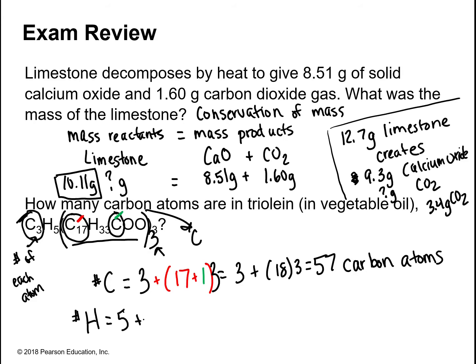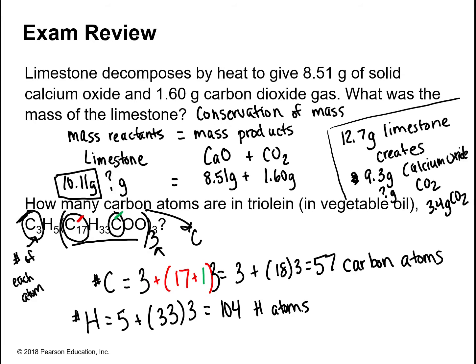So we've got the 5 on the outside, and then we've got 33 hydrogens inside of those parentheses. So we have to multiply those by 3. And your answer should be 104 hydrogen atoms.